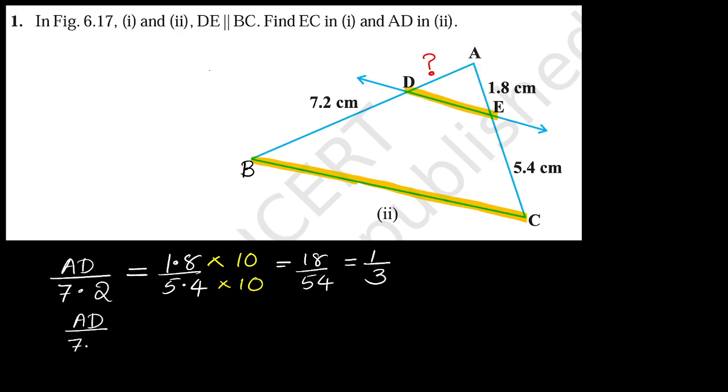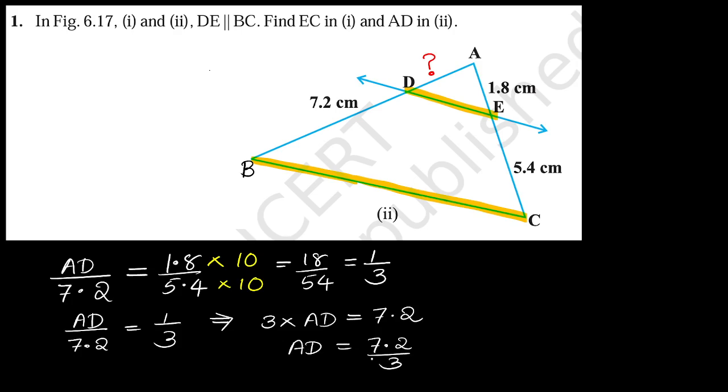AD by 7.2 is equal to 1 by 3. Is it okay? So let me do the cross multiplication. 3 into AD equal to 1 into 7.2. AD equal to 7.2 divided by 3.